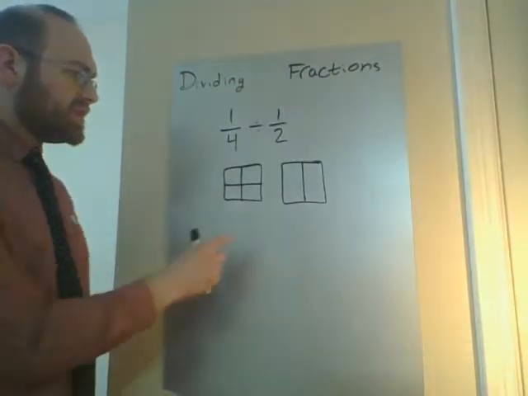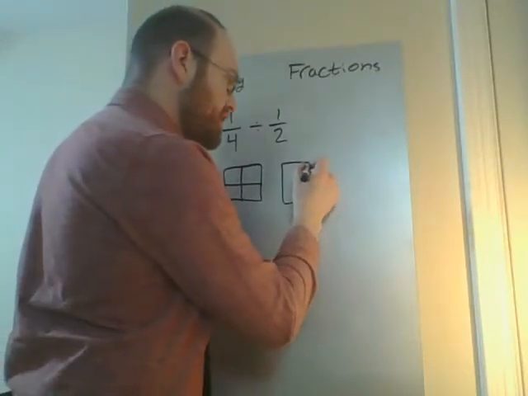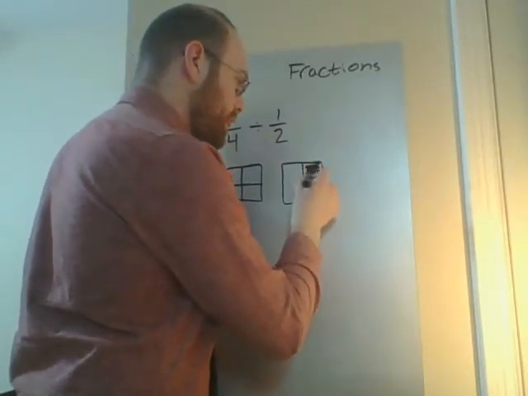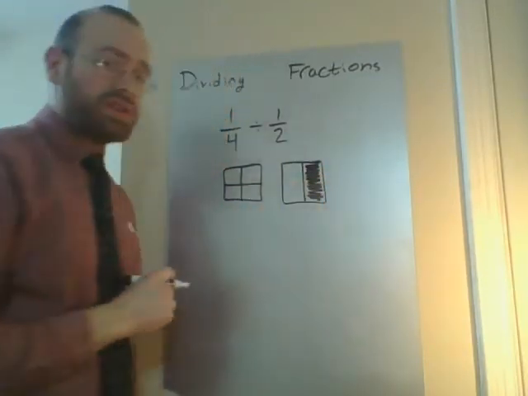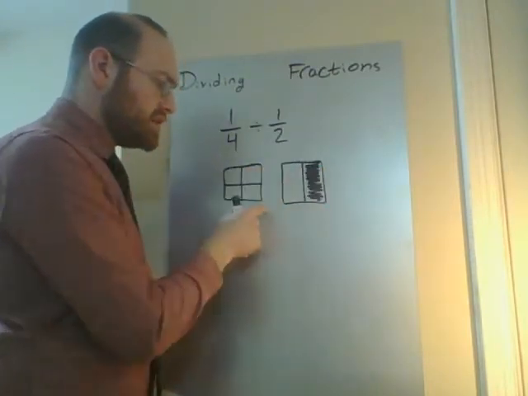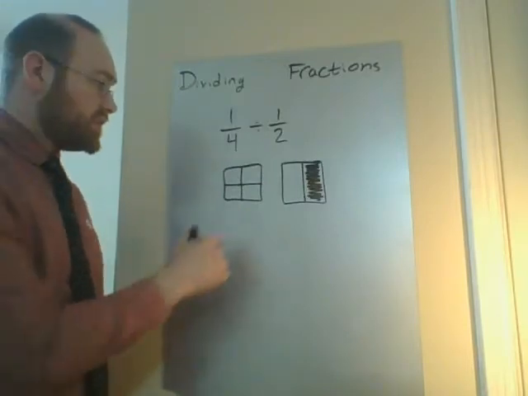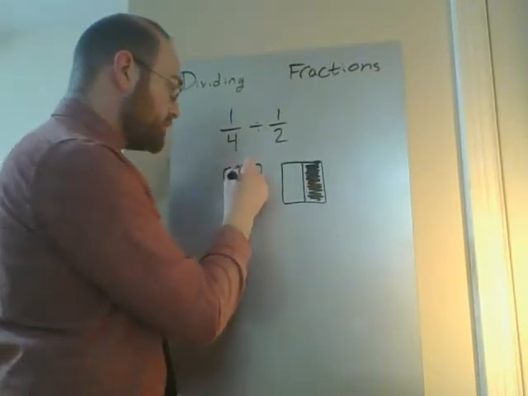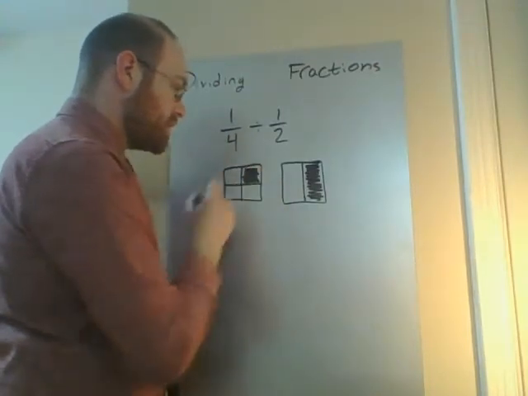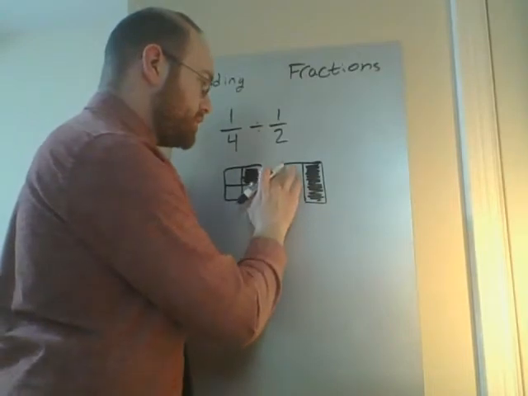So if we look at these two pictures, this whole thing over here is 1/2. So how many pieces of this size can fit in this square? Well, if we think of only 1/4, let's for a moment take away the half that we don't care about.